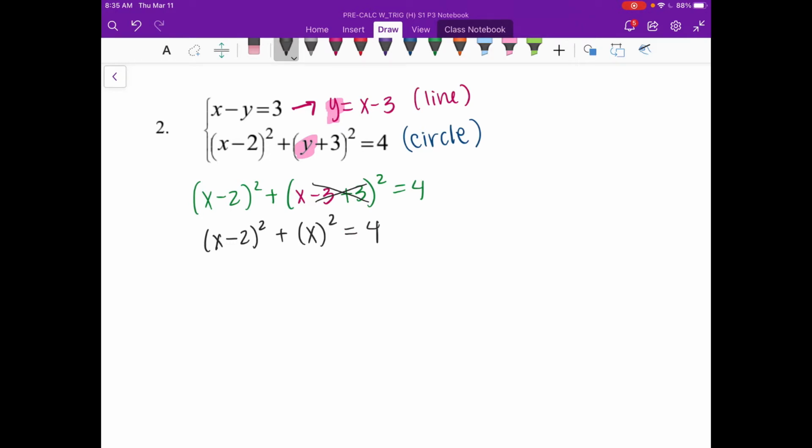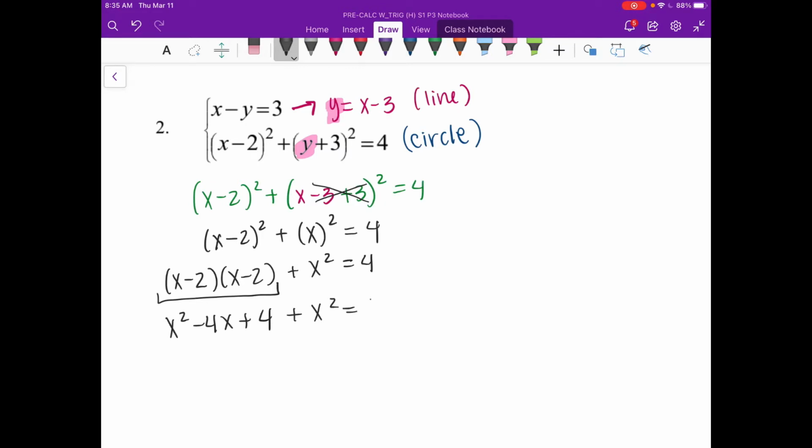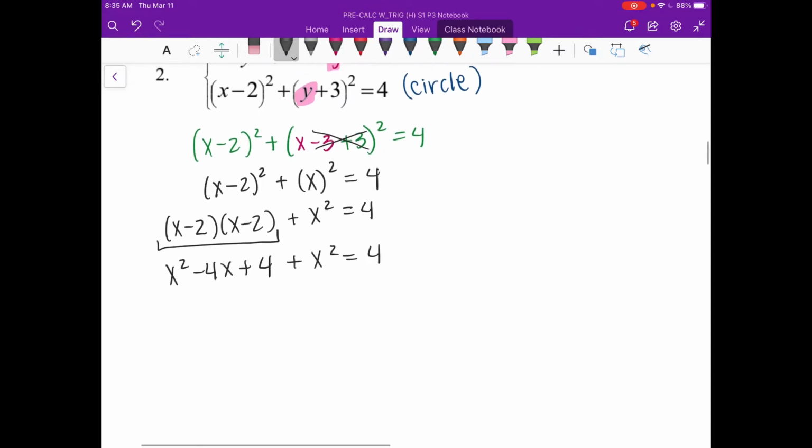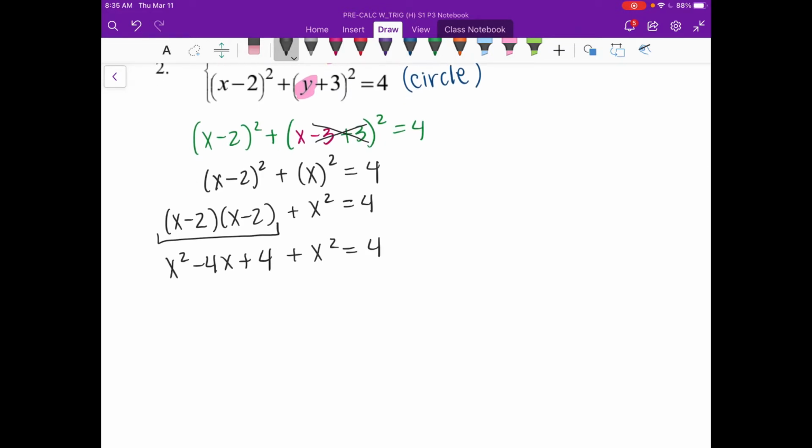So I'm going to expand my x minus 2 squared, which means it's x minus 2 times x minus 2. And plus x squared equals 4. This we double distribute and get x squared minus 4x plus 4. And I still have that plus x squared equals 4 here. It's starting to look more simple, I guess you could say.